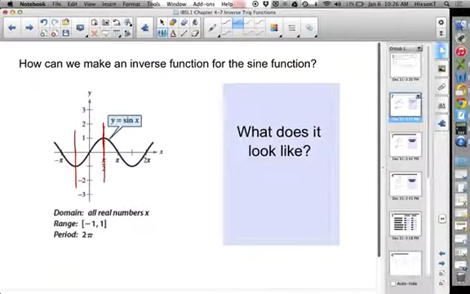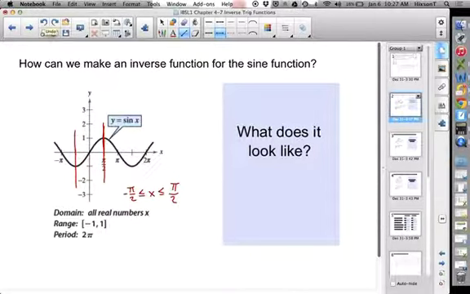What I've got here, though, is a particular domain defined for sine, going from negative pi over 2 to positive pi over 2.